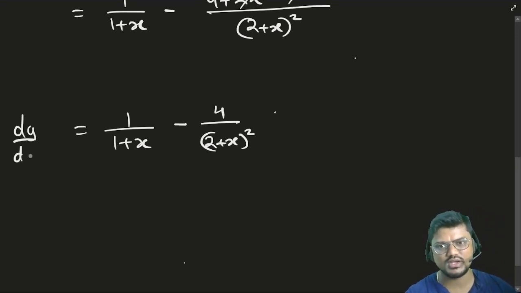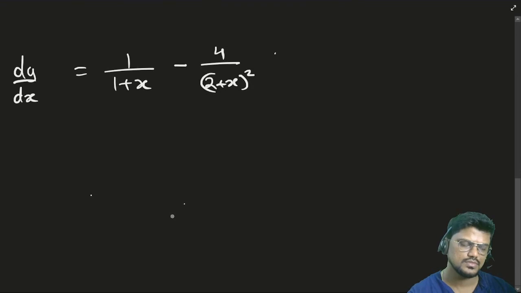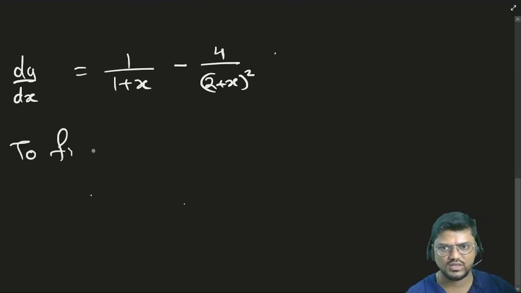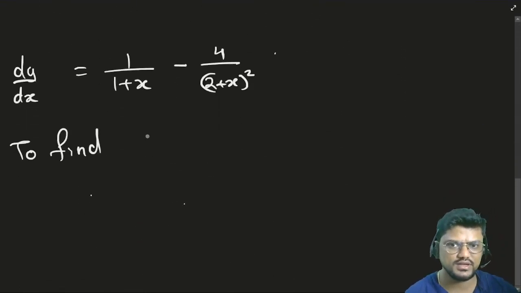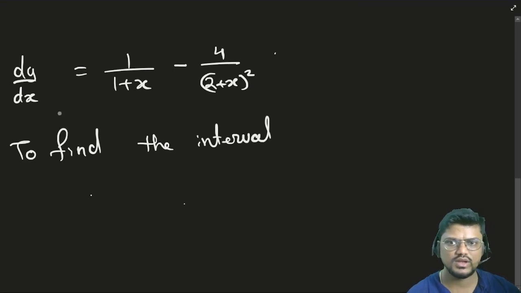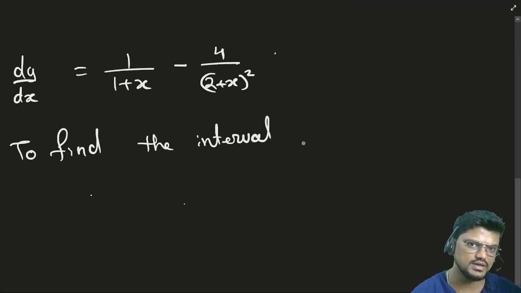Now this has to be equated with 0, no? To find what they have asked, we have to find the intervals first. Now to find the intervals, we'll equate this equal to 0. Put dy by dx equals 0.